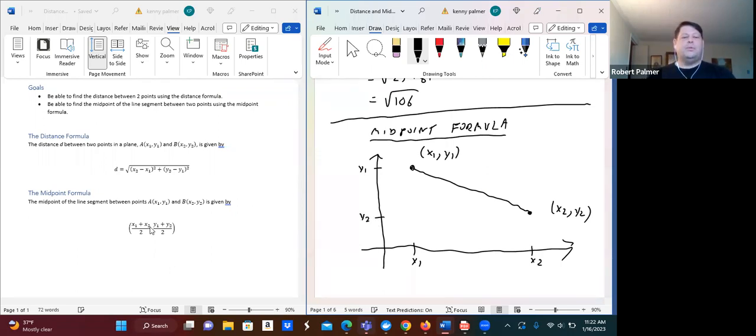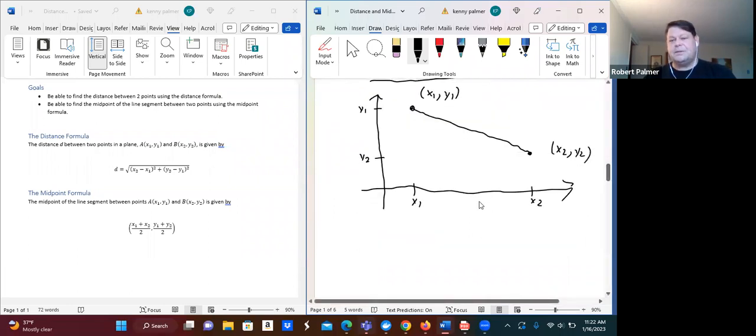Now, what the formula does is basically, if we average, we find the average x value, and this point right here, which is going to be right in the middle, that's the average, is going to be x1 plus x2 over 2. Of course, that's the average of our x's. And the same thing we do here, for the average y value, is going to be right in the middle.